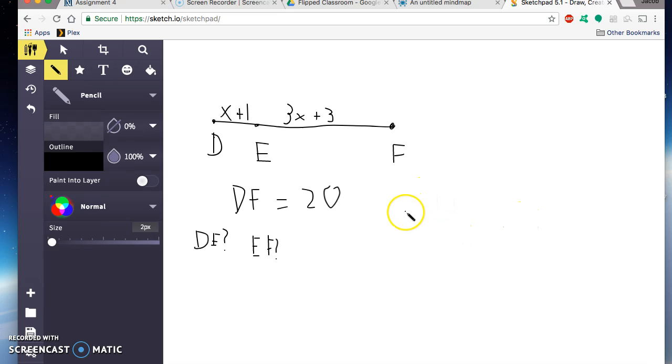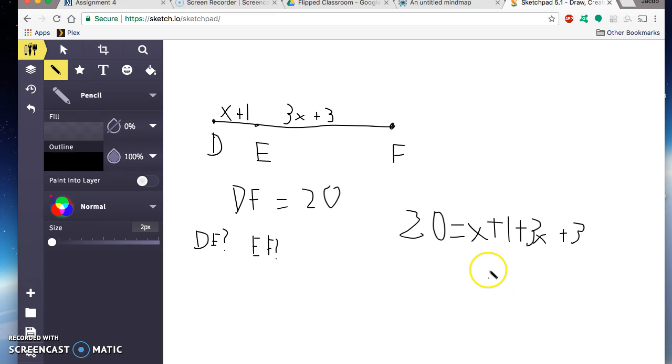So that means I know that 20 has to equal x plus 1 plus 3x plus 3.